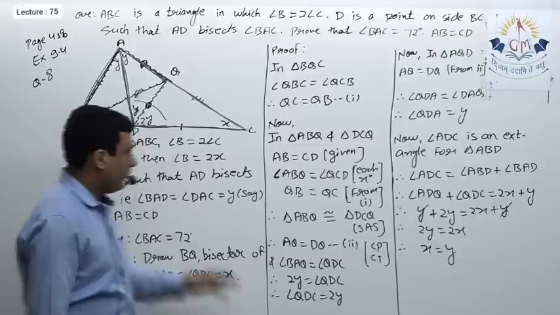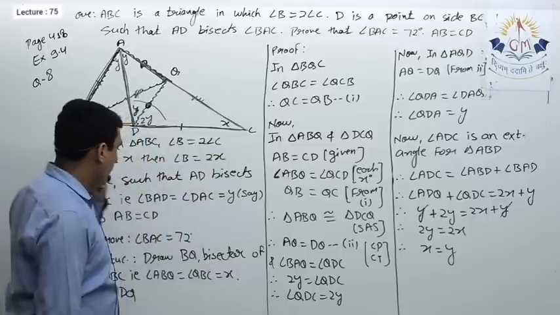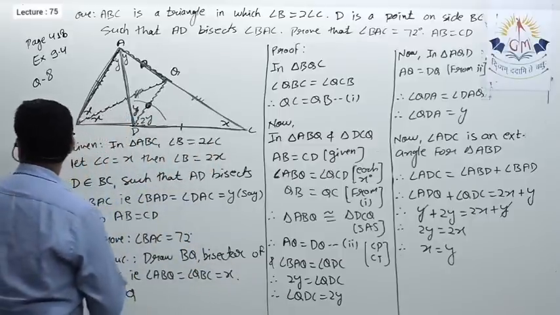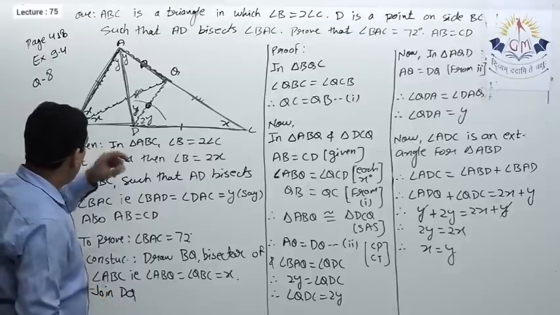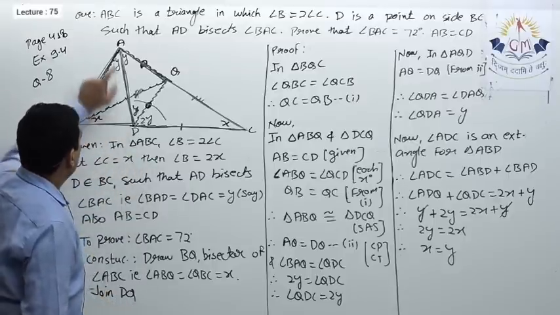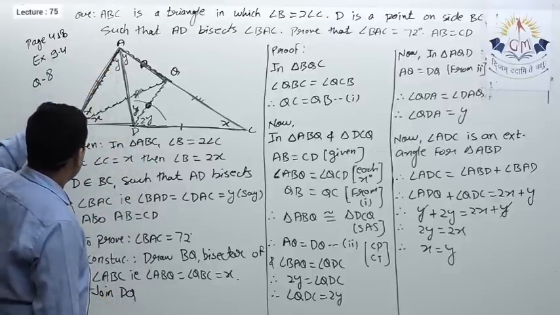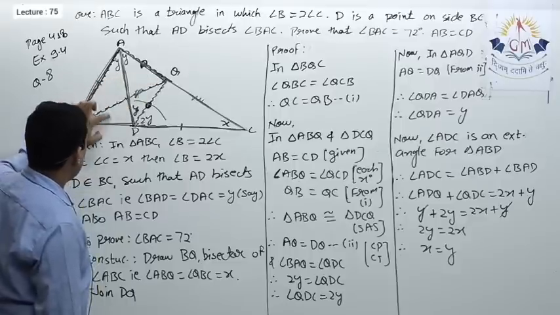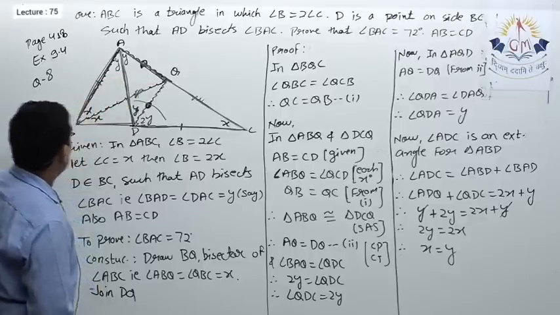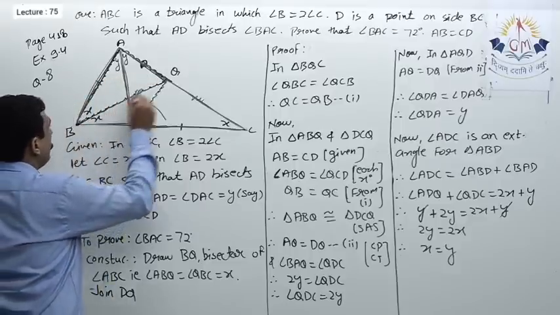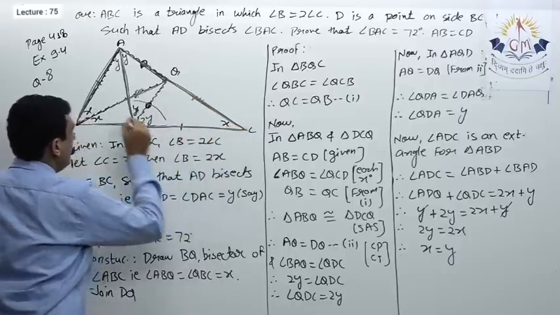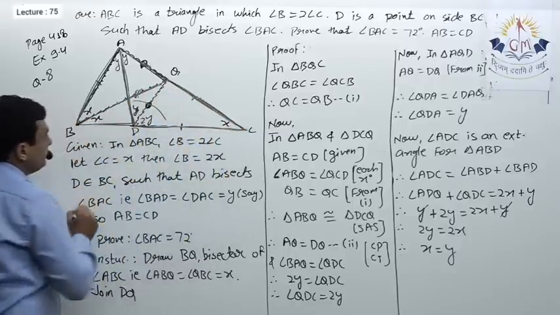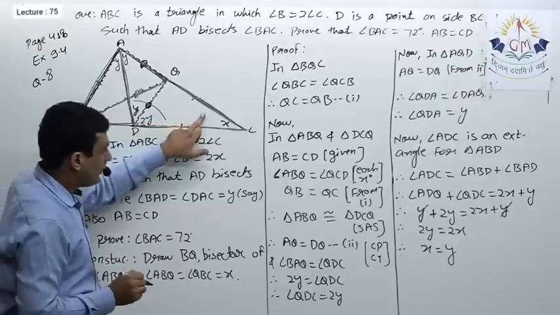Before I move ahead, before you start noting it down, let me explain once again what we did up to this point. We drew a bisector of angle ABQ which makes these two angles x and x. After doing this, we came to this triangle BQC in which we have BQ equal to QC, as these two angles are equal.